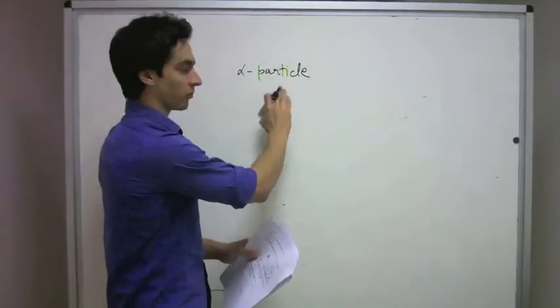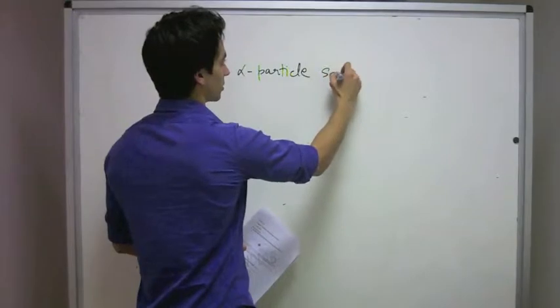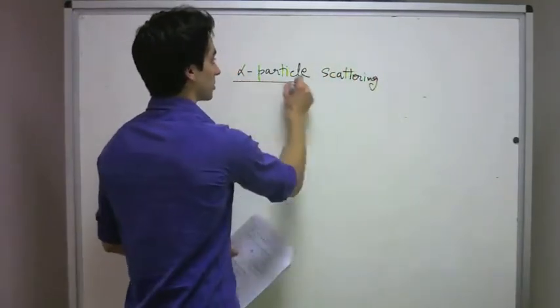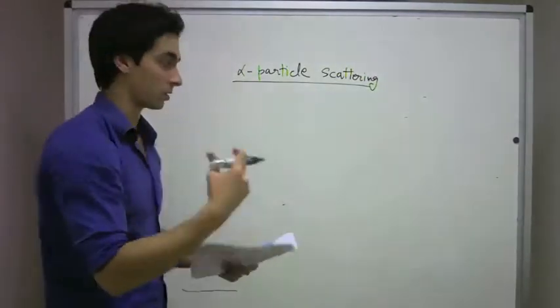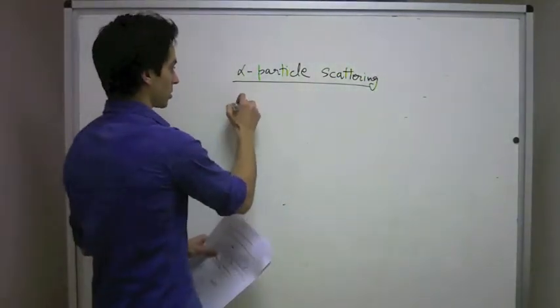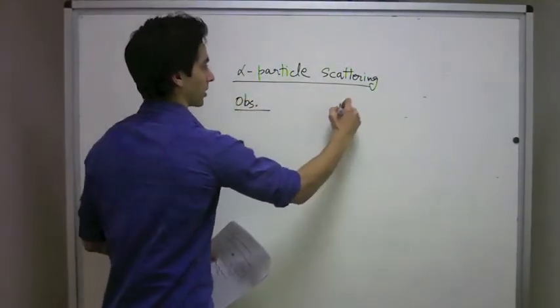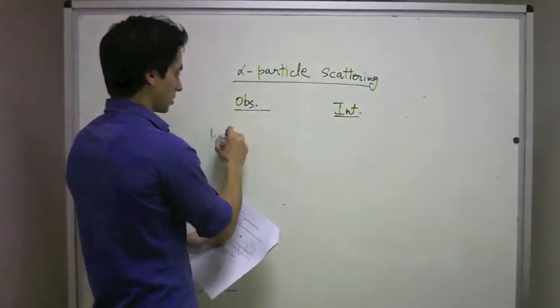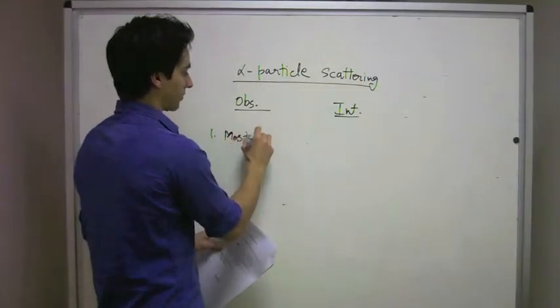The significant features about alpha particle scattering that the students need to remember are the three observations and their respective interpretations. So the observation and its interpretation. So observation 1 was most alpha particles.